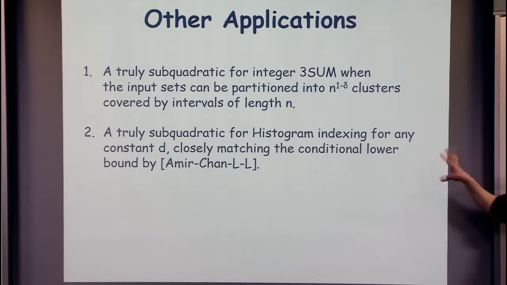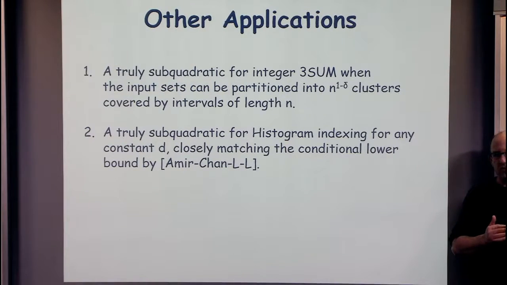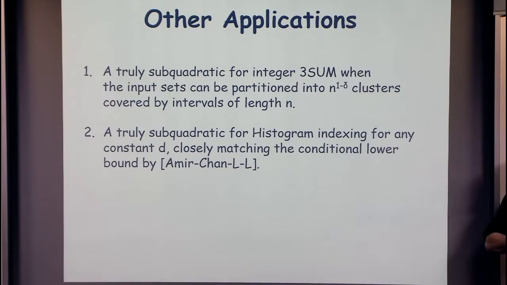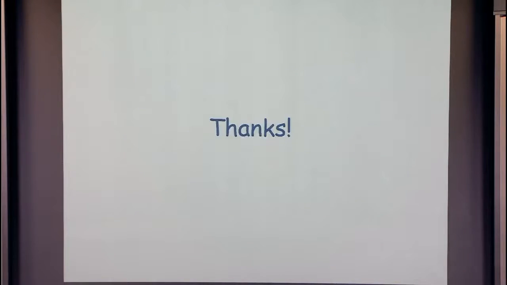And you can take also histogram indexing, and you can solve it for any constant d, which closely matches a conditional lower bound of myself together with Yehuda and Timothy Chan in a previous ICALP paper. And finally, the real question is how far can we actually extend these algebraic results, and does algebra give us more than we're hoping for, and showing lower bounds for that we're going to be doing in the next few days. So that's it. Thank you.